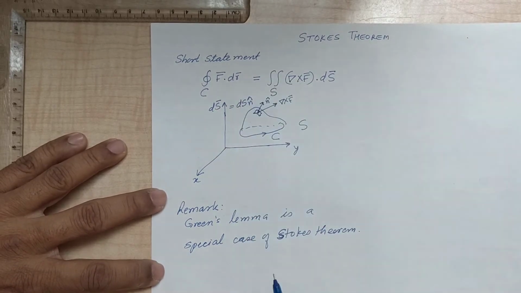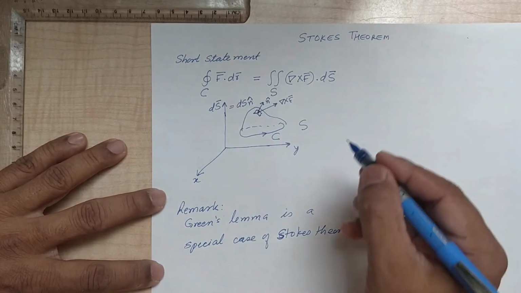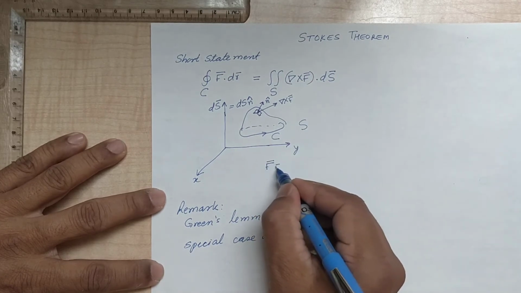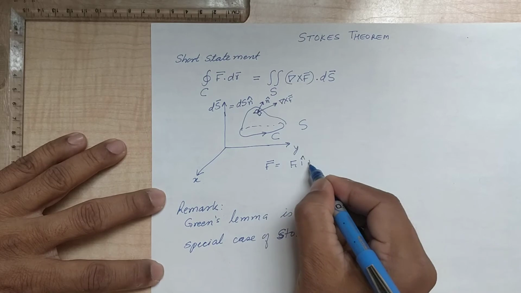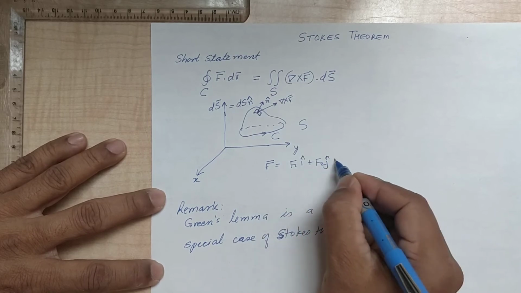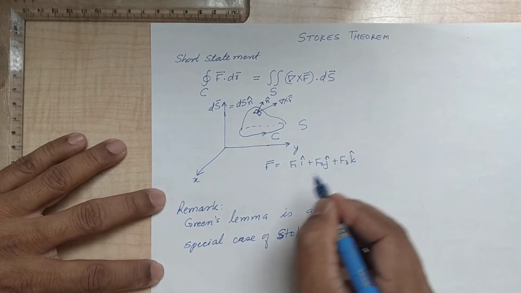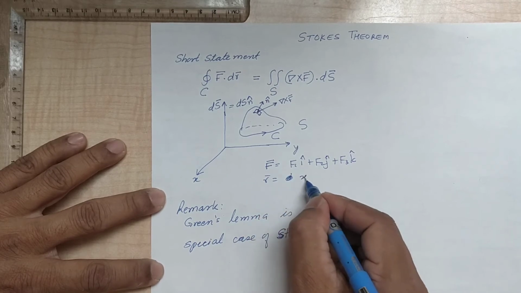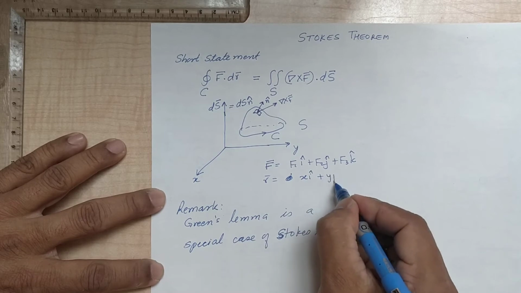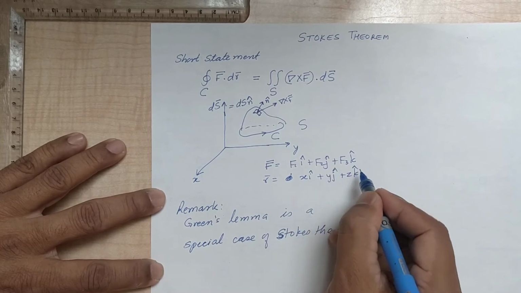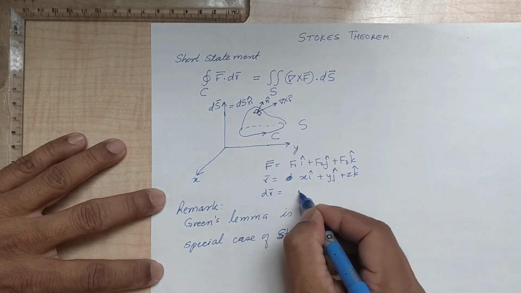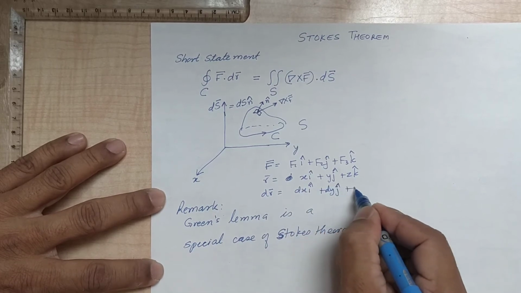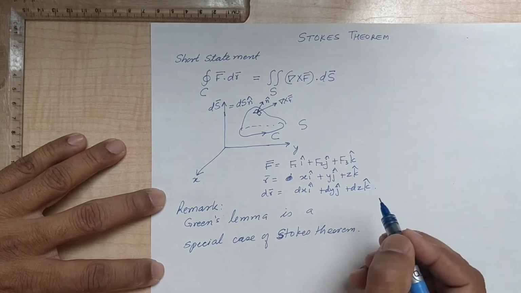Well, so the notation is the following, that we will be writing F bar to be F1 i plus F2 j plus F3 k. R bar will stand for the radius vector x i plus y j plus z k, and therefore dr bar will be dx i plus dy j plus dz k. Okay.